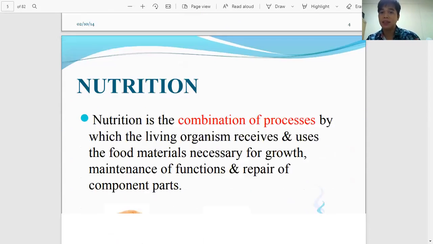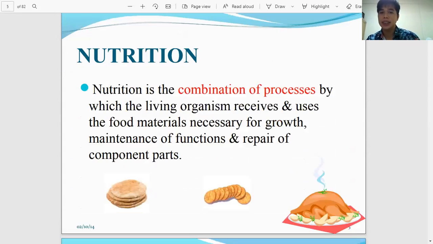Nutrition is the combination of processes by which the living organism receives and uses food materials necessary for growth, maintenance of functions, and repair of component parts.